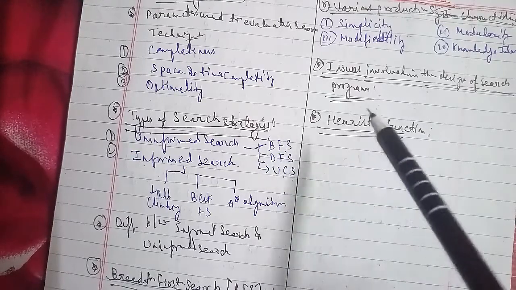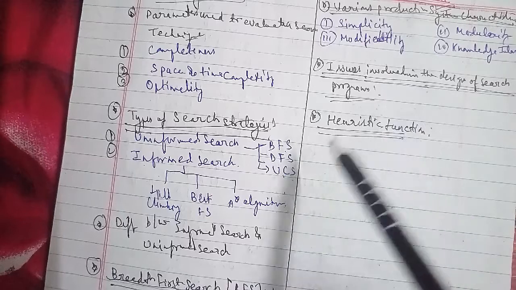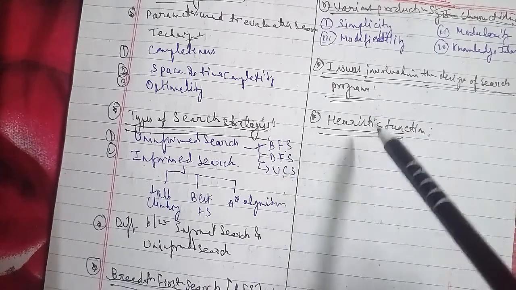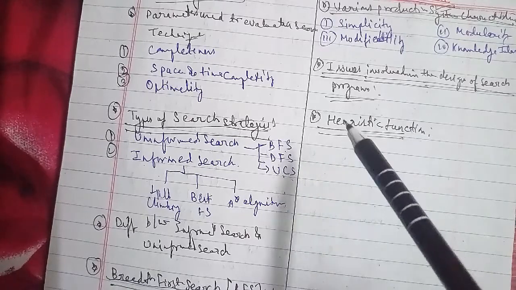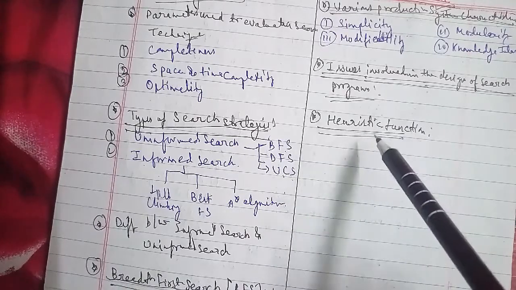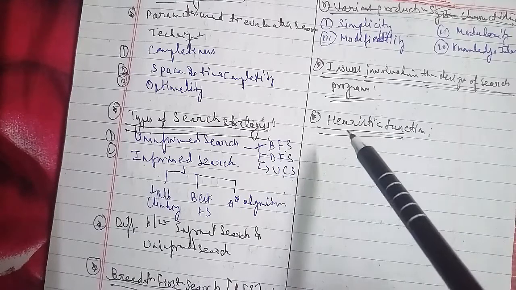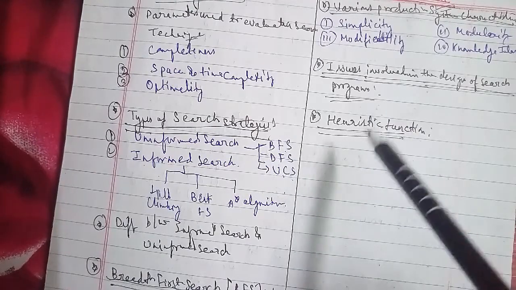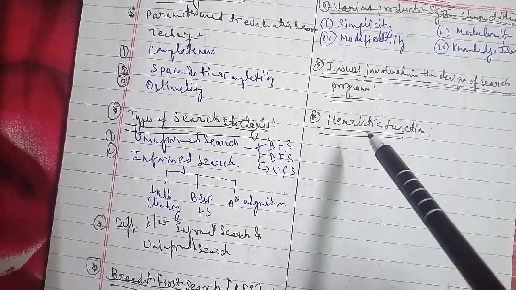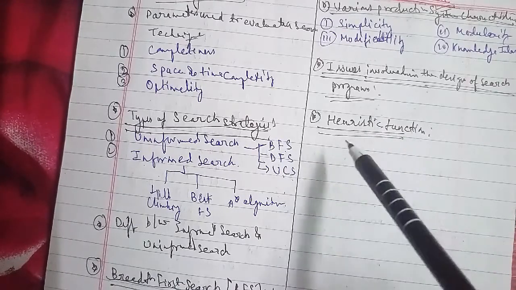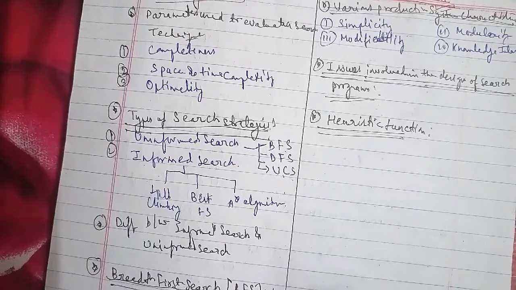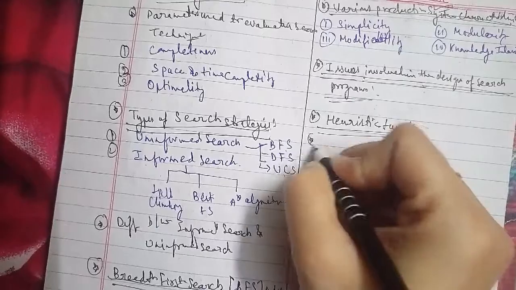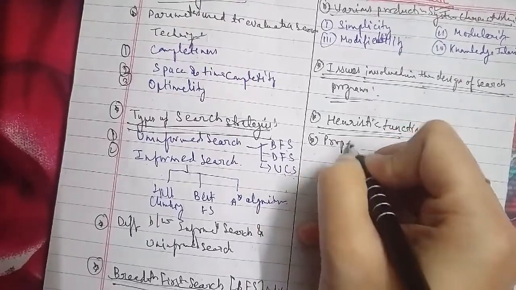Properties of heuristic search. The first property we have is the admissibility condition. In the admissibility condition, the algorithm A is admissible if it is guaranteed to return an optimal solution.